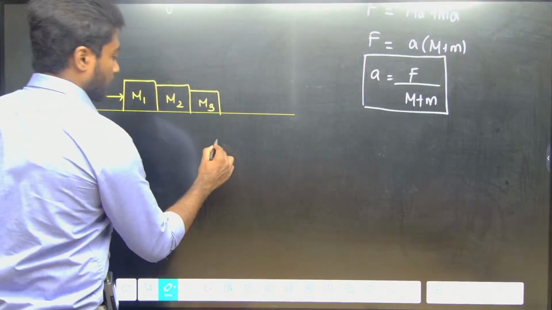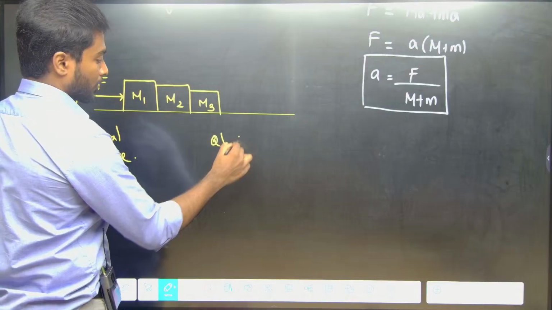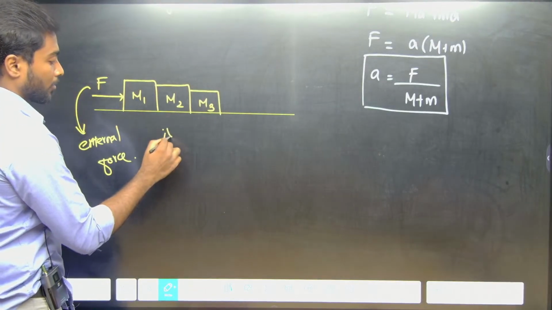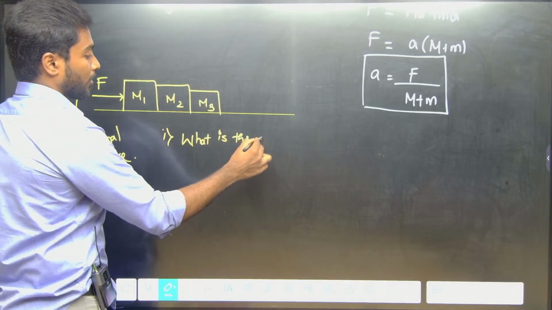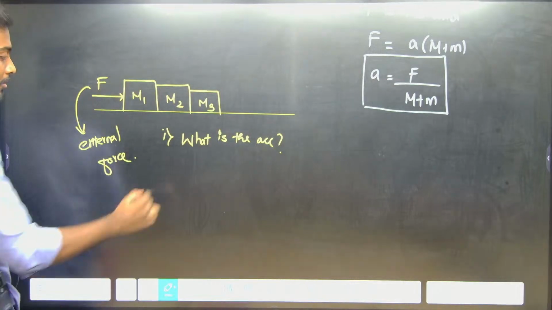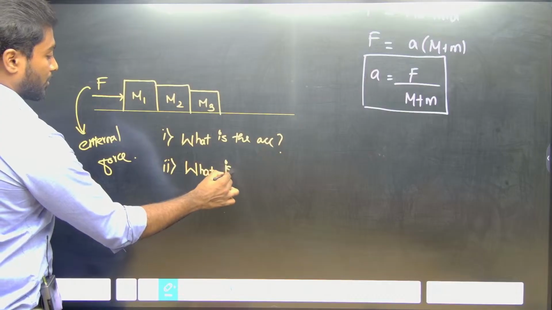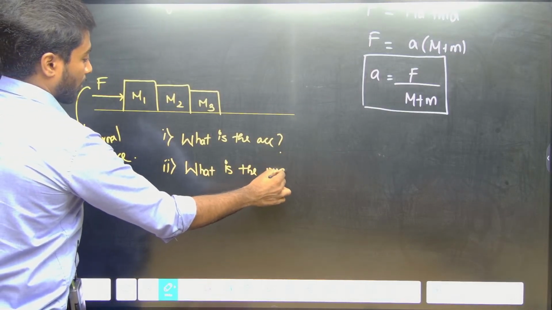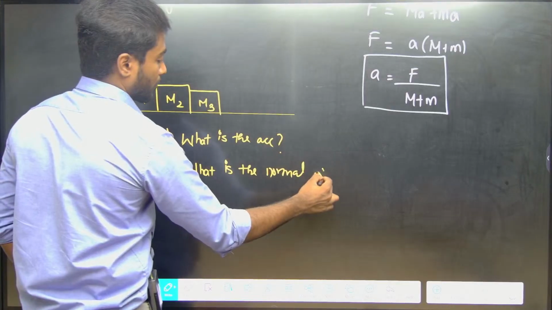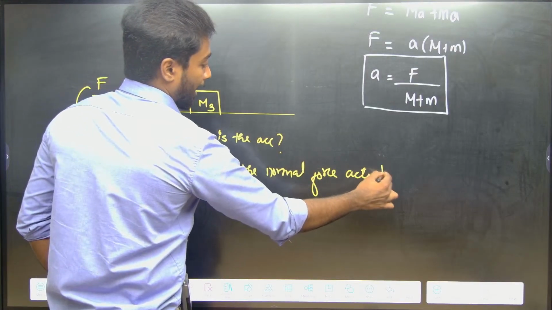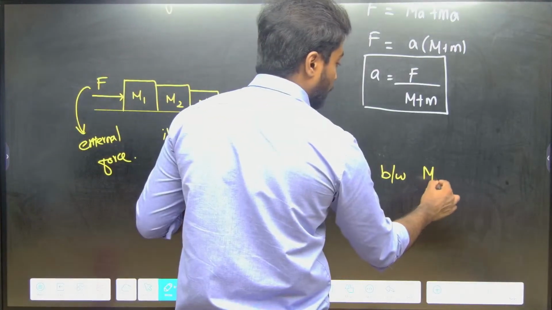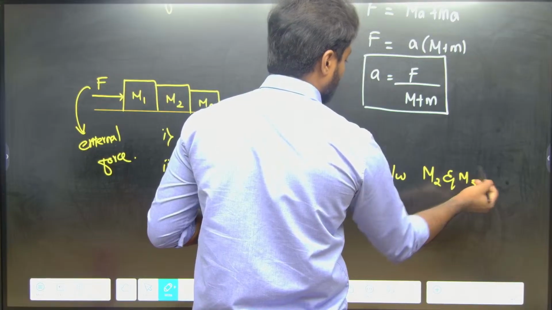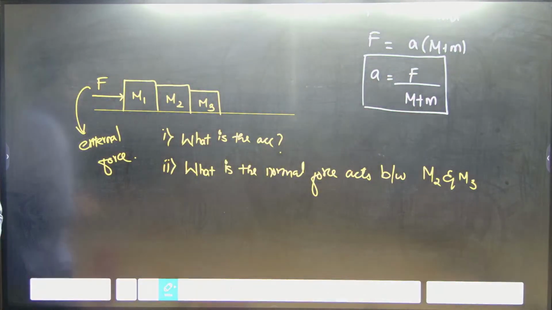That is my first question. Second question, what is the normal force that acts between M2 and M3? I am talking about M2 and M3. Okay, this is my question.